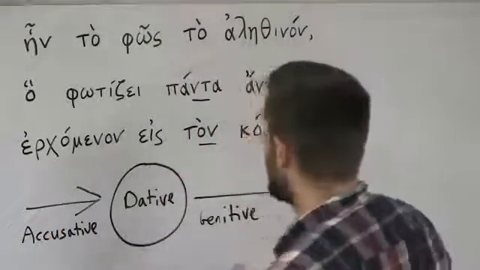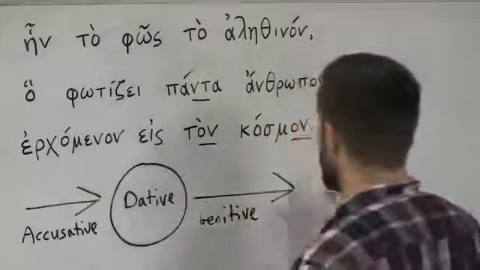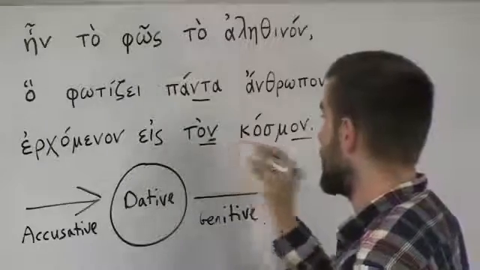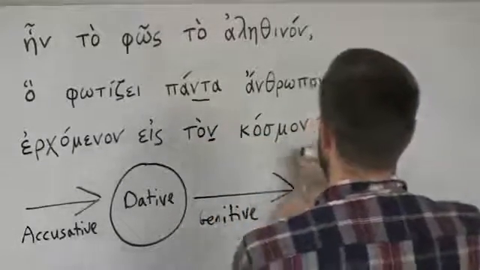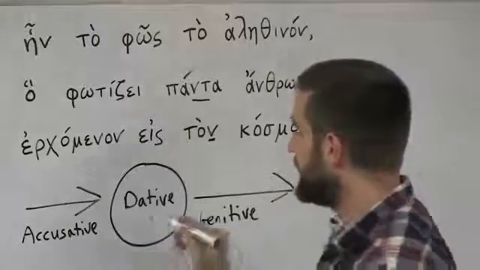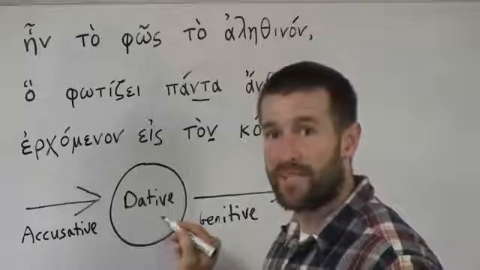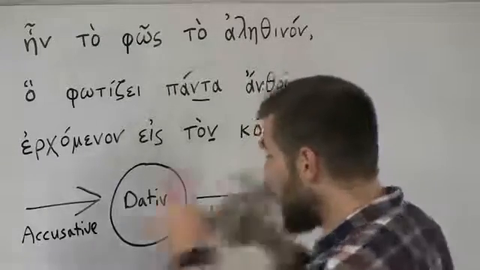A letter you'll see commonly associated with that in the singular form is the nu on the end: ton kosmon, ton theon. That's pretty common. And then the dative: in the singular, remember that the iota subscript was the telltale letter at the end of the singular dative case. That's for where things are.